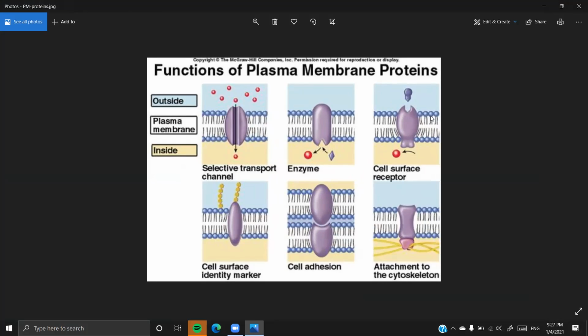We have receptor sites, proteins acting as receptors. We have glycoproteins, a sugar chain with a protein. A few of the proteins help in cell adhesion. And I spoke about the linker protein attached to your cytoskeleton, which helps in the movement of the cytoskeleton, changing the shape of the cell.